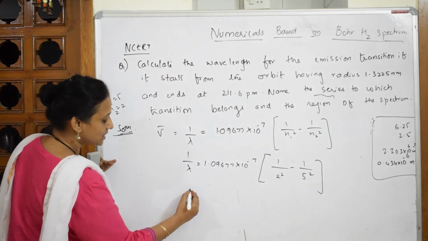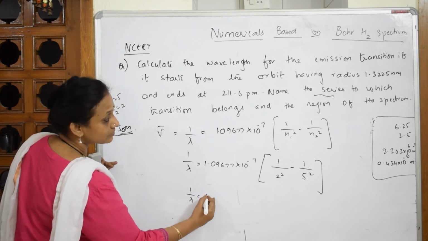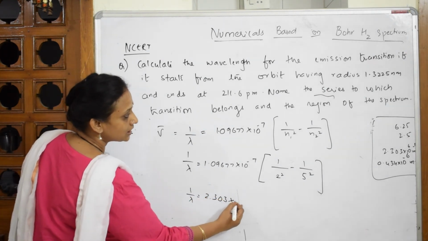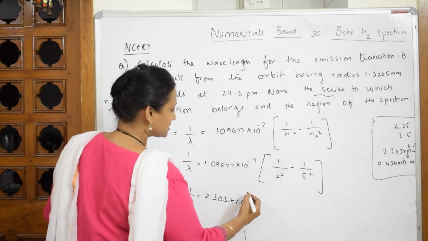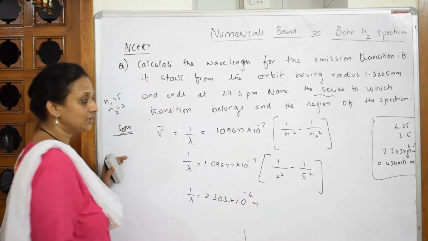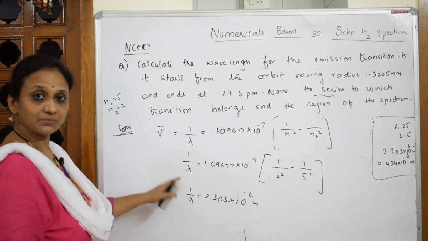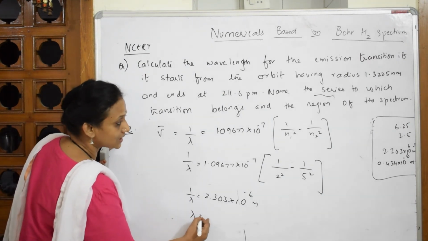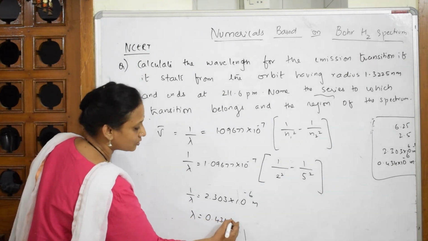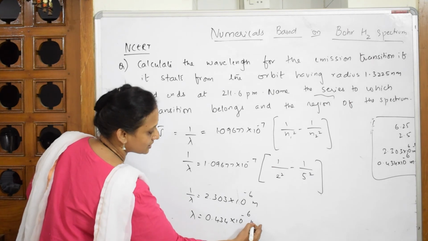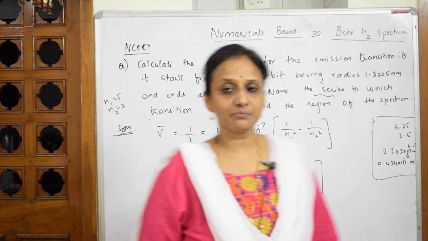When I solve this, I get 1 by lambda is equal to 2.303 into 10 raised to the power of -6. When I solve this fraction, lambda I get as 0.434 into 10 raised to the power of -6 meters. Still I am not done.